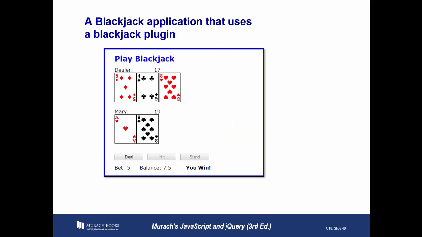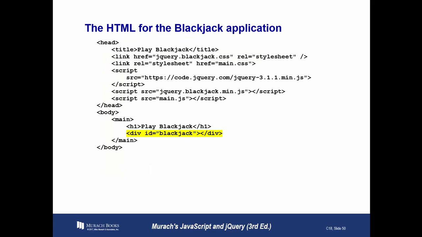So starting on page 576, the last 2, 4, 6, 8, 10 pages of the chapter talk about a Blackjack application that uses a Blackjack plugin. I'm not going to go over the rules of Blackjack. Hopefully you know what they are. But this application uses a custom jQuery plugin to add the functionality of the Blackjack game.